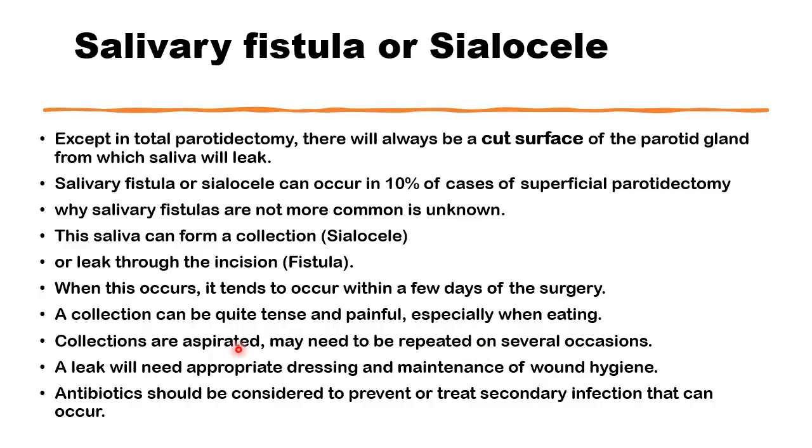The aspiration may need to be repeated several times in order to prevent the saliva from collecting every now and then and help in the healing. If it is leaking through the skin, then appropriate dressing of the skin incision would need to be very carefully undertaken, and maintenance of the wound hygiene to prevent the wound edges from infection, and antibiotics should be considered.